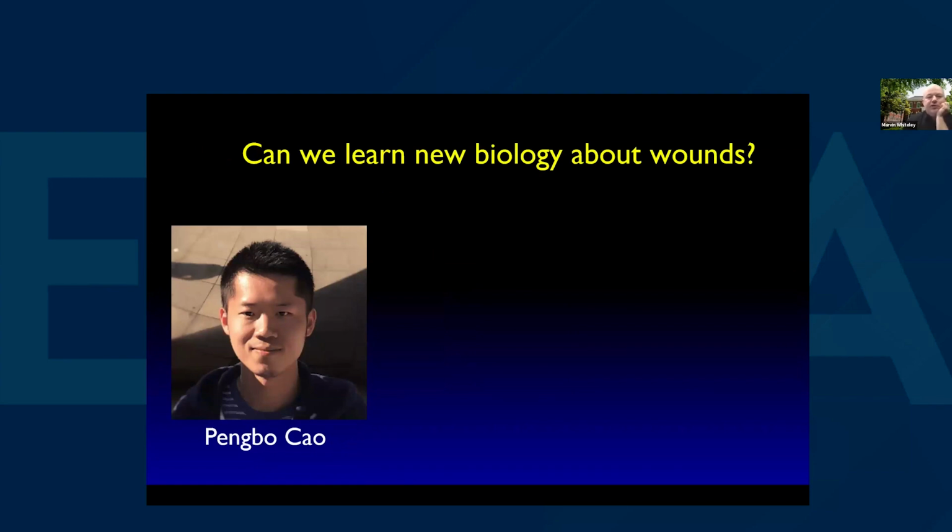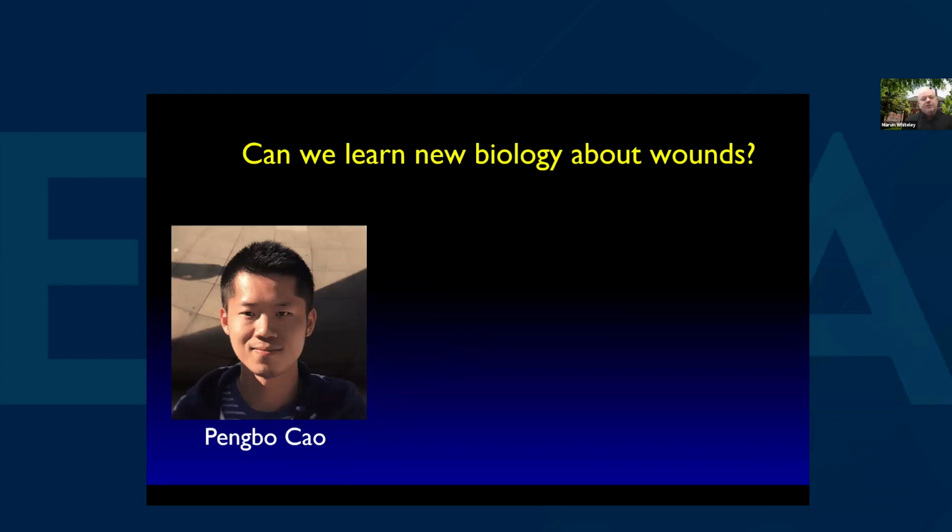The other thing that we did is we've actually been able to learn new biology. This was work by Pungbo Kao, who has his own lab now. When he looked at Pseudomonas gene expression in human infections and in wounds, he saw that there was one gene that was incredibly highly expressed during human infection, but not when we grew these bacteria in the lab.